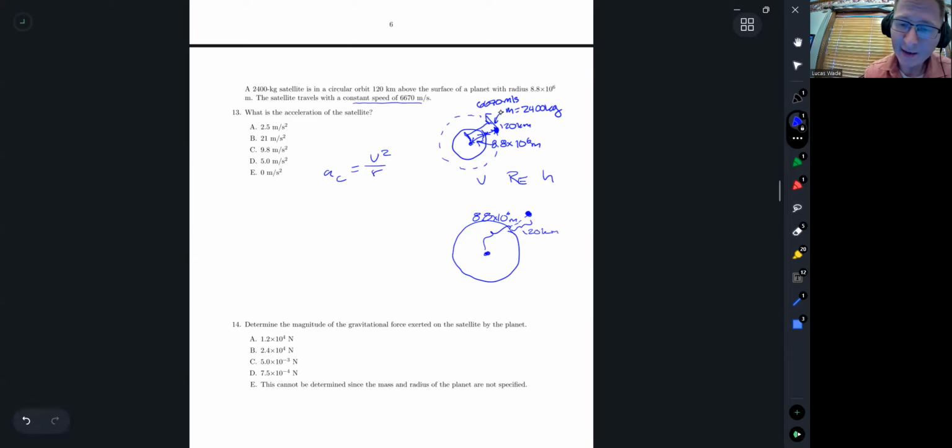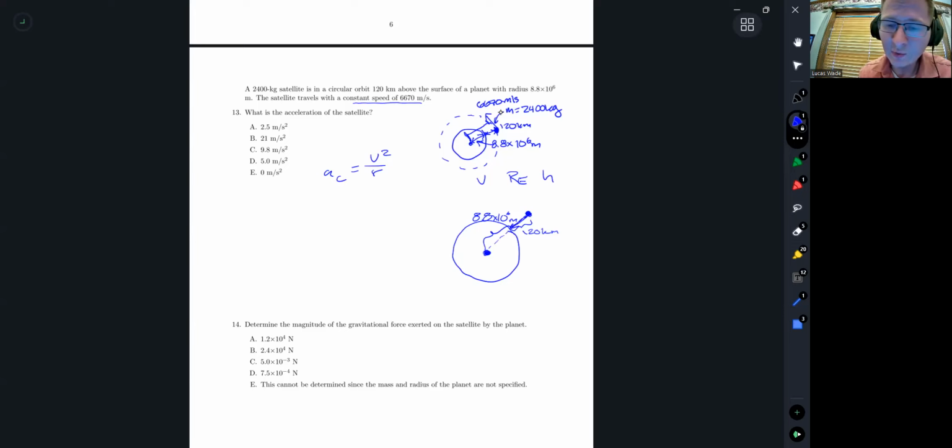But what the satellite is orbiting around, as far as gravity is concerned, is the center of this planet. We said that gravity, even for larger objects like planets, acts between the centers of the two objects. So the force applied on that satellite is the force due to gravity, and it is pointing towards the center of this planet.